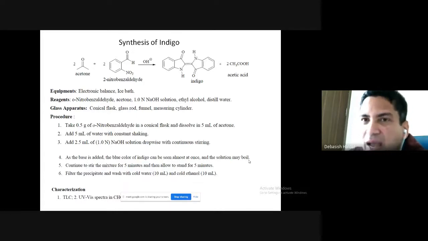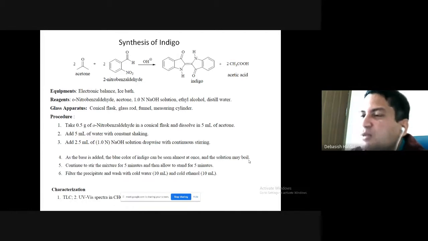The reaction vessel, the conical flask or the beaker, will be a little bit hot, and the reaction mixture looks like it is boiling.